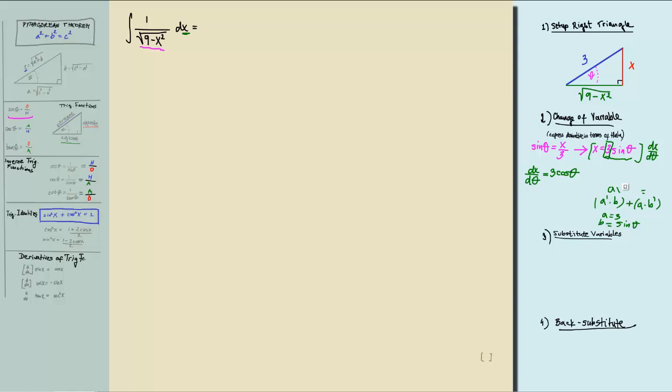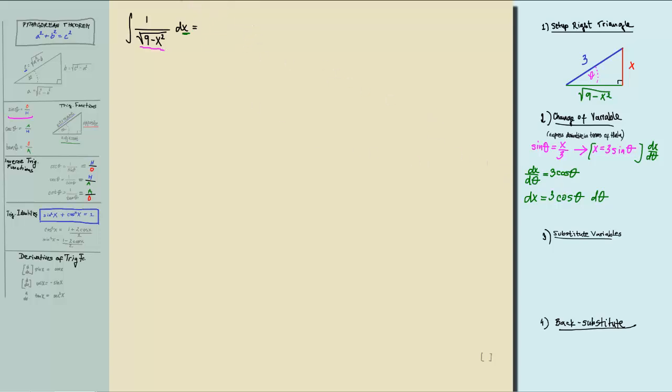Let me erase this so it's more visible. And now from this derivation, we still need to express dx in terms of theta. So dx is now 3 cosine theta d theta.